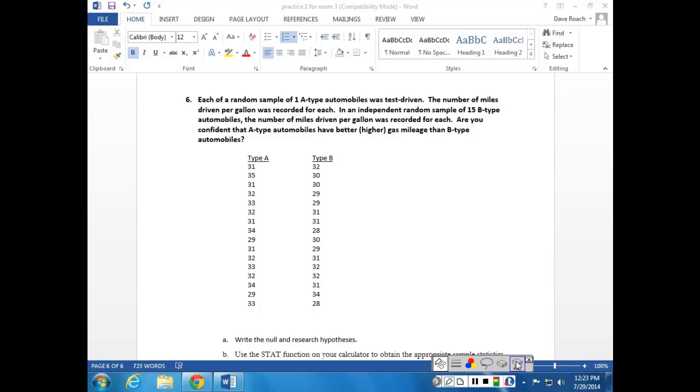If I gave you a problem like this with this many numbers in here, I probably would tell you not to do any calculations, just use your calculator to do it. But anyway, take a second here.